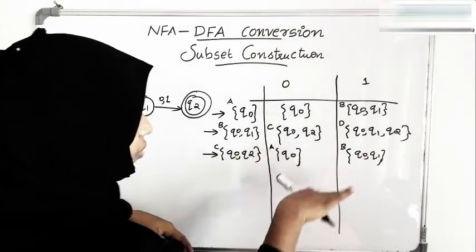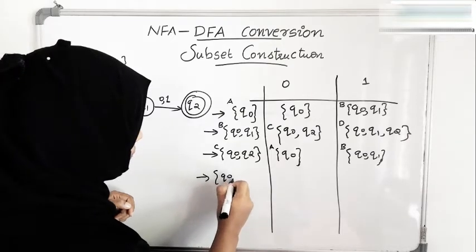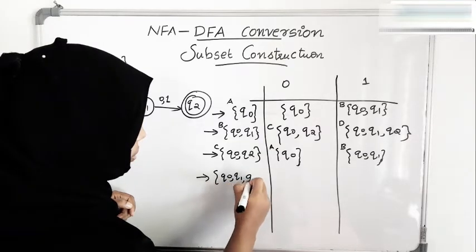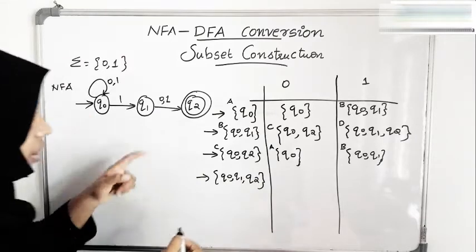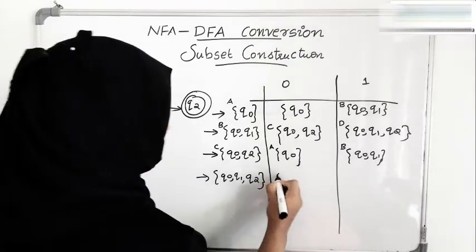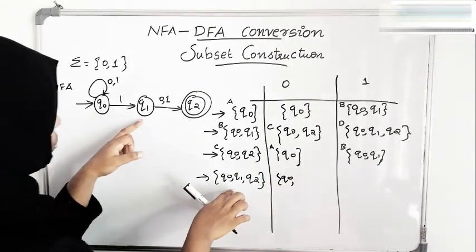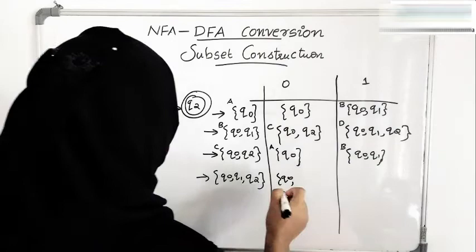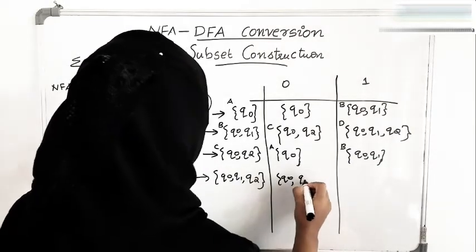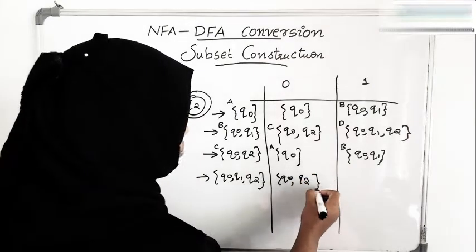Now the new set which is not processed state is D, isn't it? Q0, Q1, Q2. Now when 0 appears in Q0, you get Q0. When 0 appears in Q1, you get Q2, and on Q2 0 is not defined. So Q0, Q2.